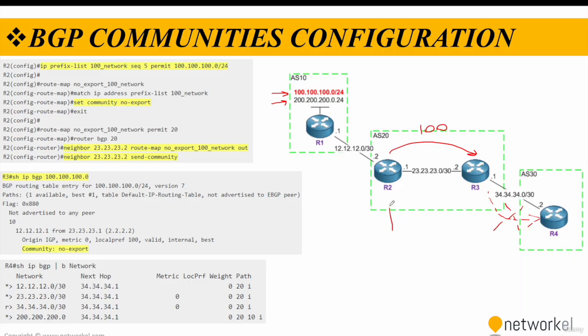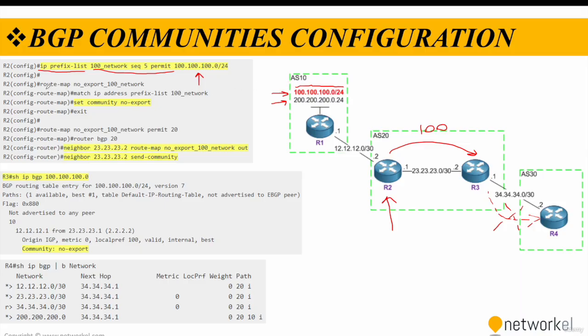First of all, on router 2, I'm defining one prefix list. IP prefix list, permit, and I am matching this same 100 prefix that router 1 is advertising to the network.